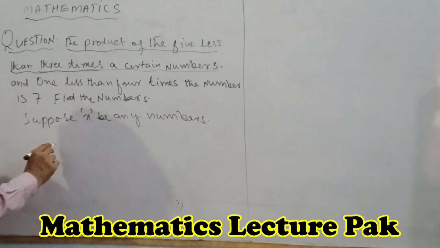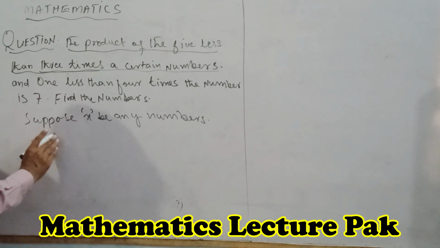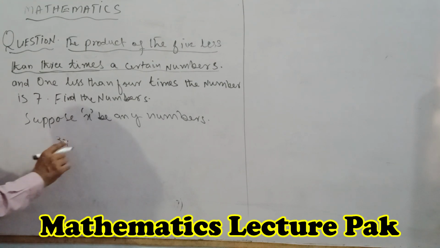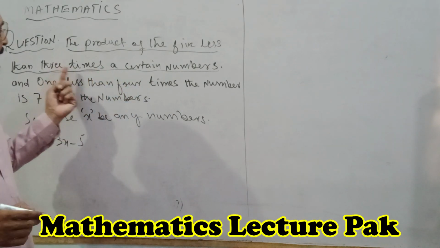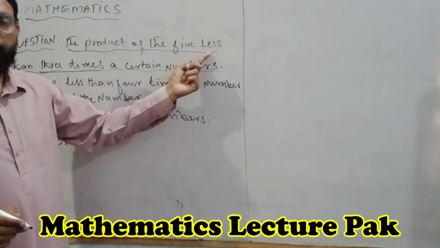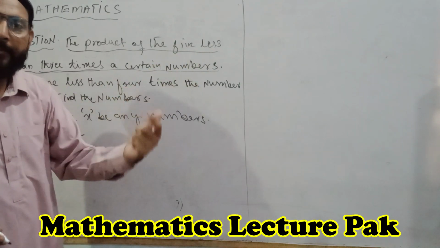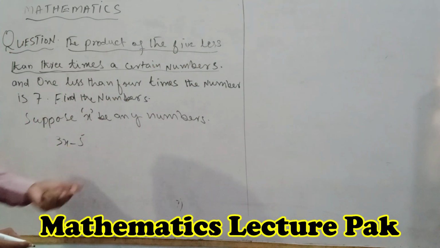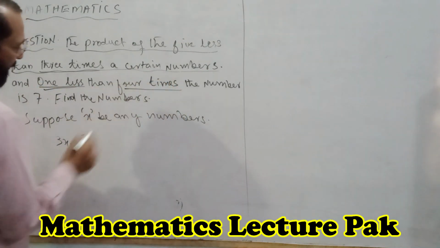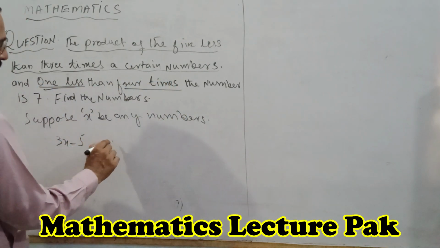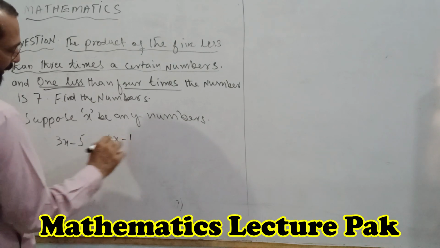The first statement is here: 3 times x, less than 5. Okay, the first part of this statement, and then we can write the second part of this statement: 1 less than 4 times x, that is 4x negative 1.